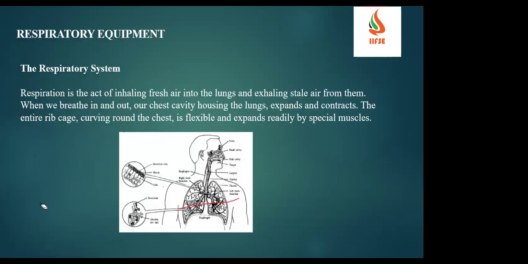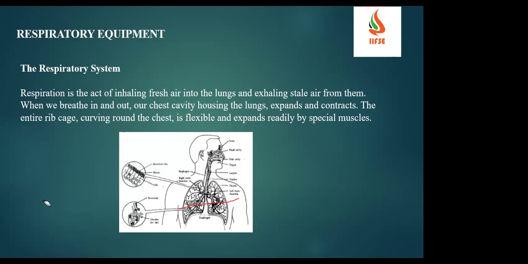Then respiratory equipment. Respiration is the act of inhaling fresh air into the lungs and exhaling the stale air from them. So what we do is first inhale and then exhale. What will we exhale?